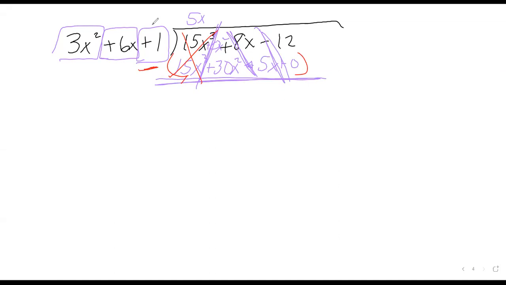Positive or negative? Positive? No. Negative. I'm sorry. Negative. Remember, this is going 0 minus 30. So 30 is going to be my bigger number, so it keeps that negative. So negative 30x squared. And then 8x minus 5x is what?